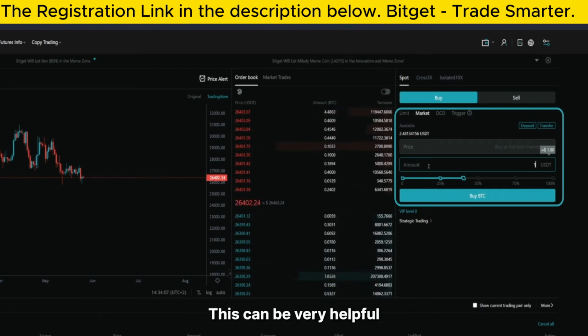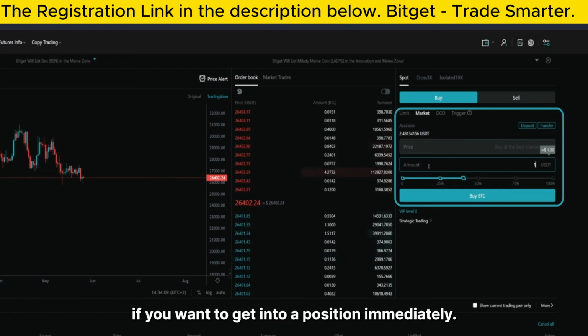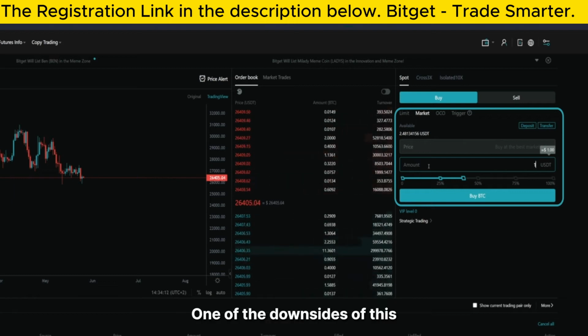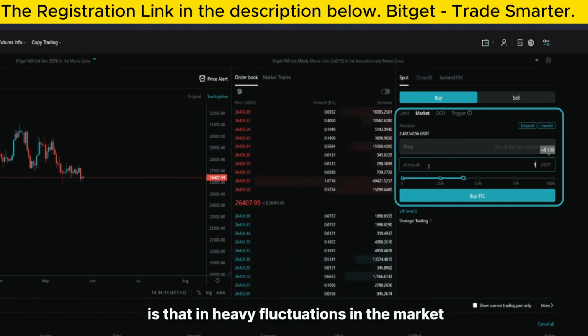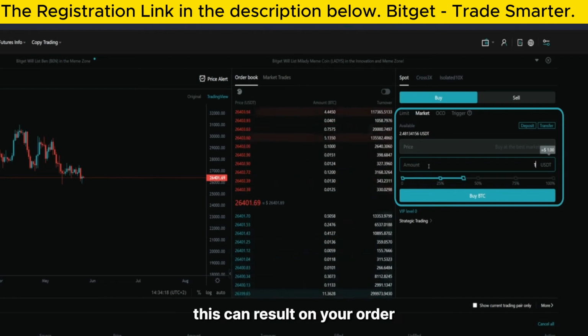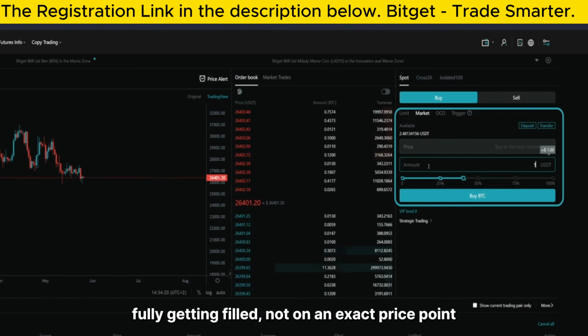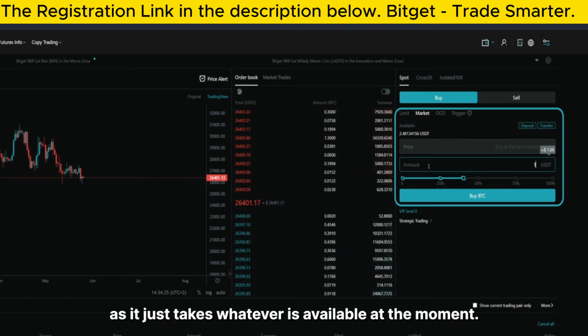This can be very helpful if you want to get into a position immediately. One of the downsides is that in heavy fluctuations in the market, your order can get filled not at an exact price point, as it just takes whatever is available at the moment.